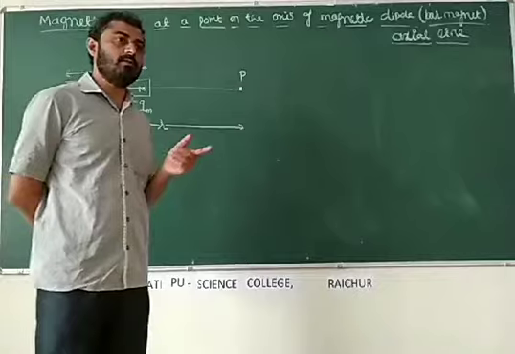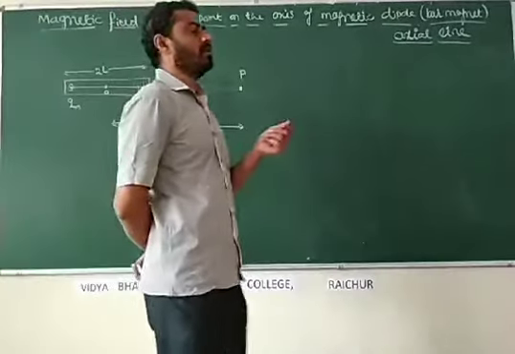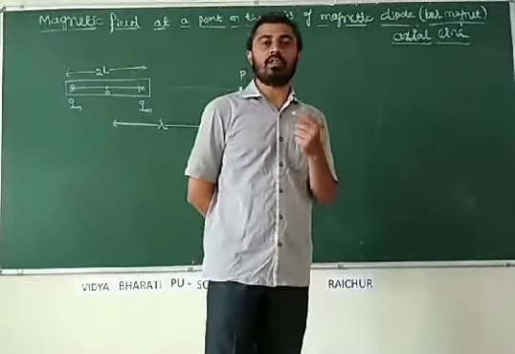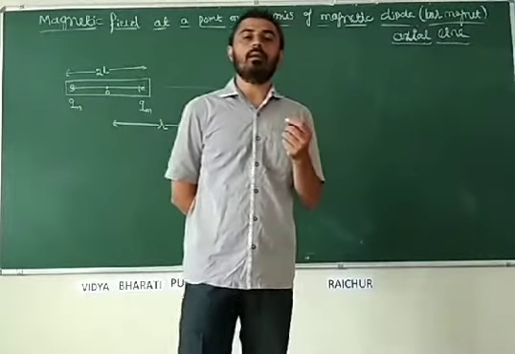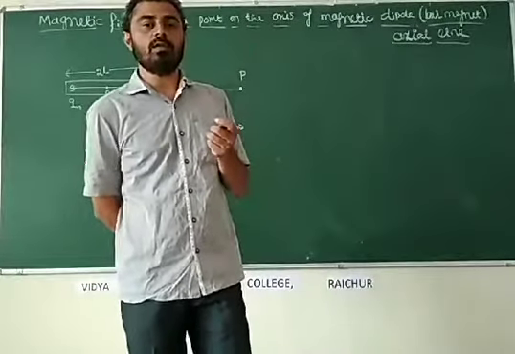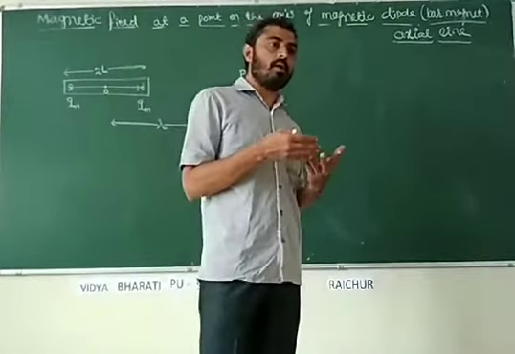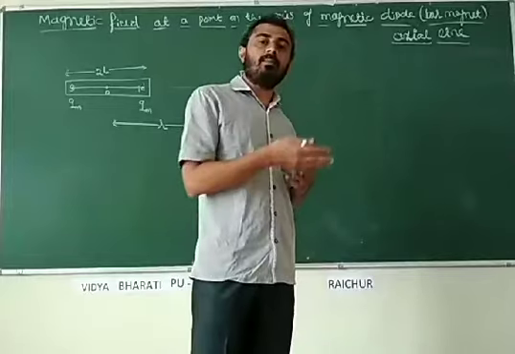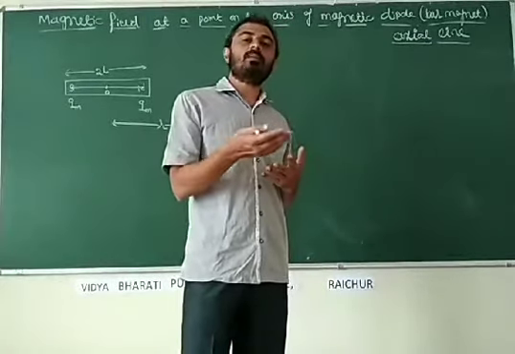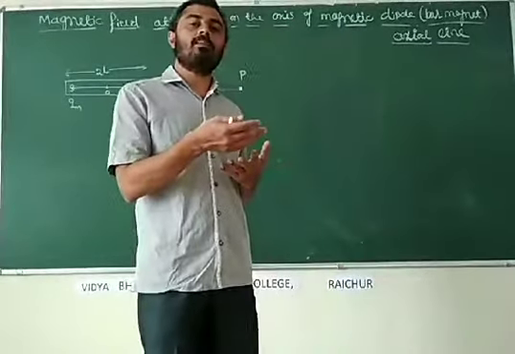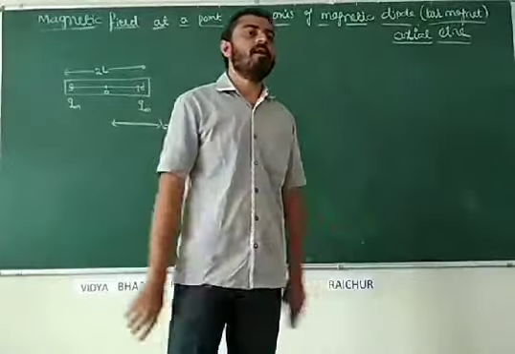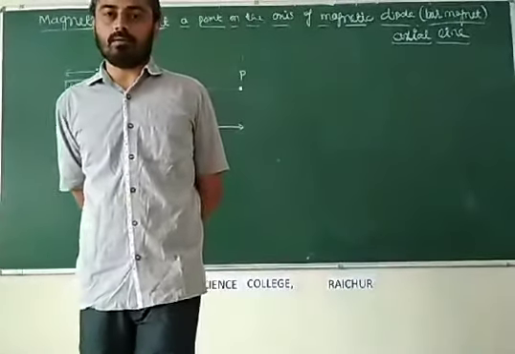At that point, we imagine one unit test positive charge, and assume how much force is experienced by that unit test positive charge at any point. That force experienced by the positive charge at any point itself is the field intensity at that point.